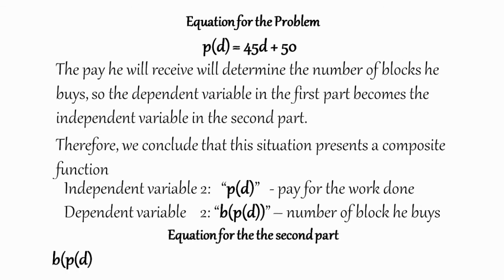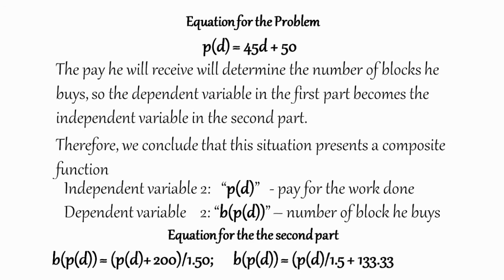So that will become B of P of D equals P of D plus 200 divided by 1.5. Which is just B of P of D equals P of D divided by 1.5 plus 133.33. That is, 200 divided by 1.5 is 133.33.